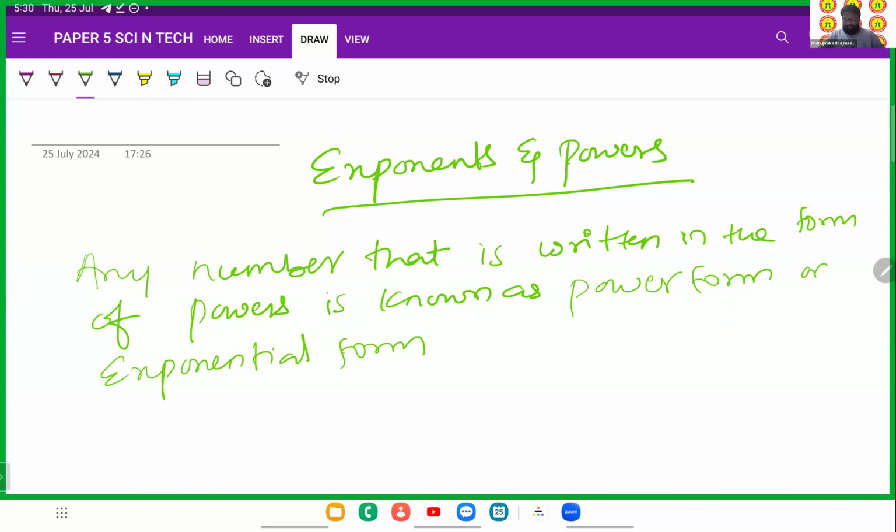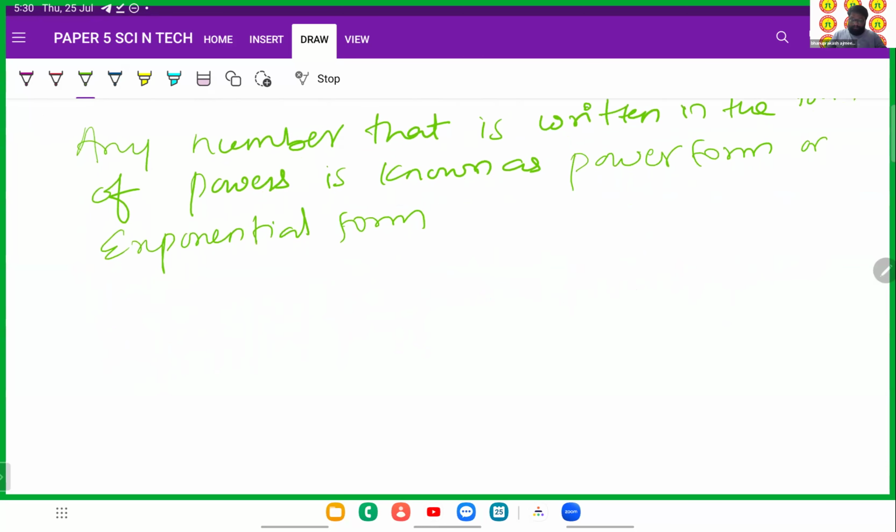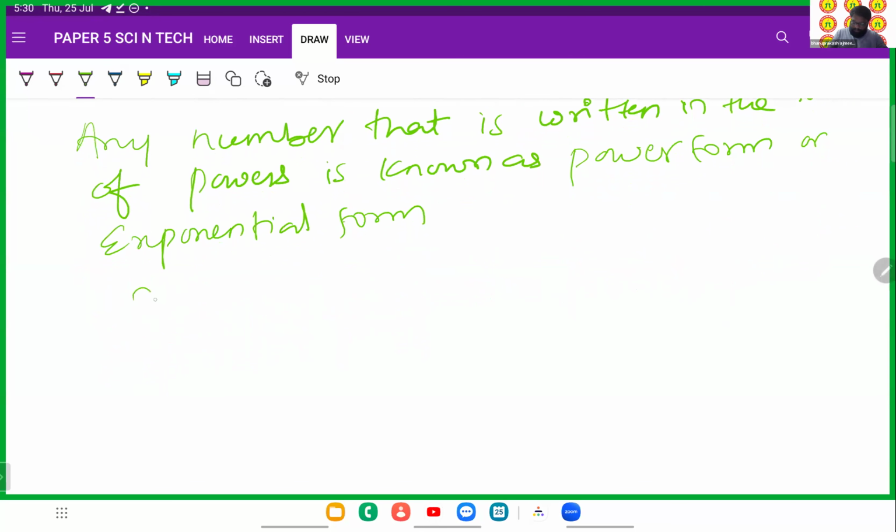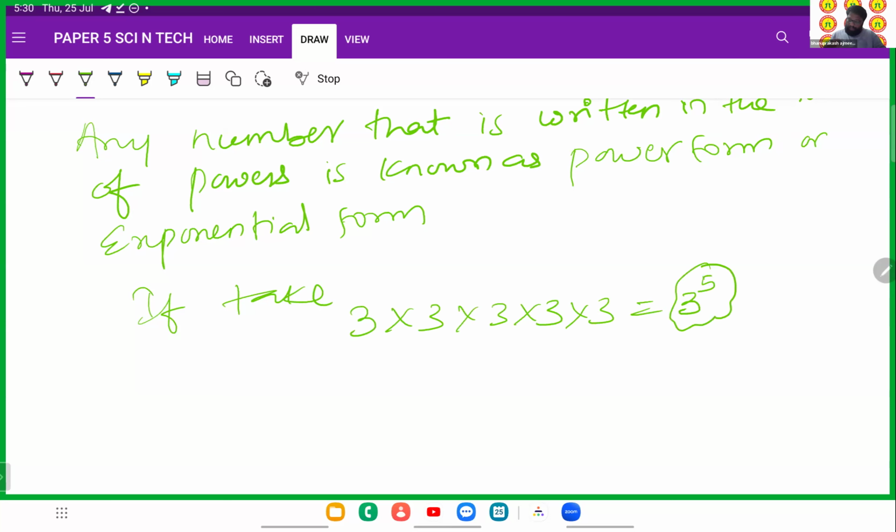Okay. So suppose if I take, for example, 3, and I'm multiplying 3 five times, you can see here 3 to the power of 5. This is called exponential form. Here we are multiplying 3 five times.